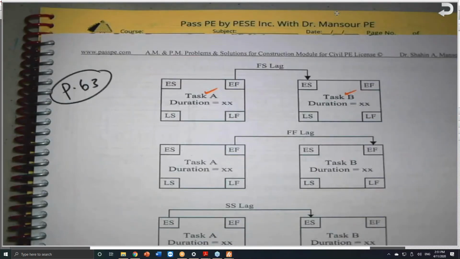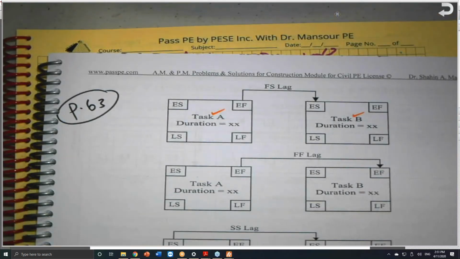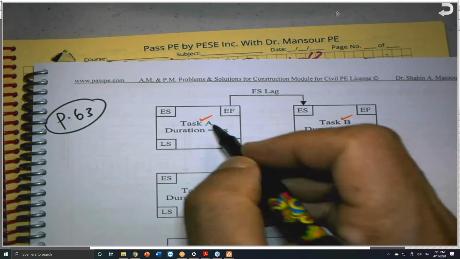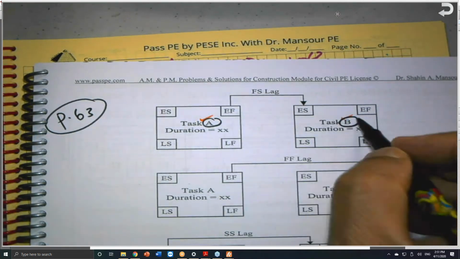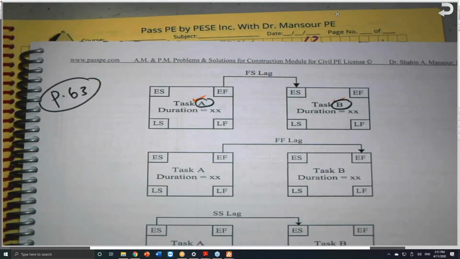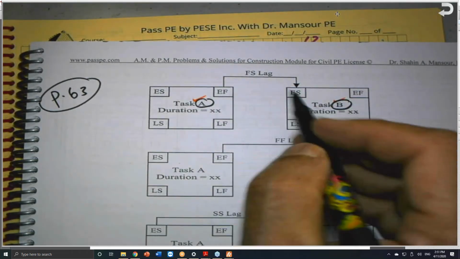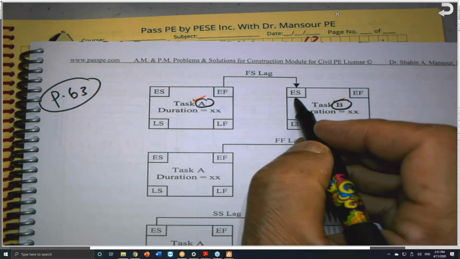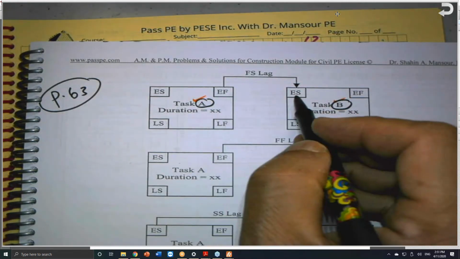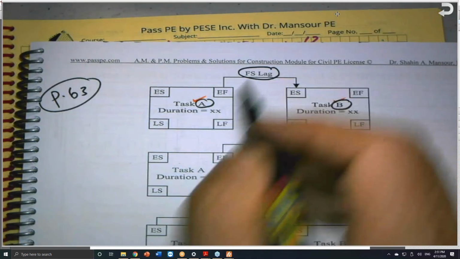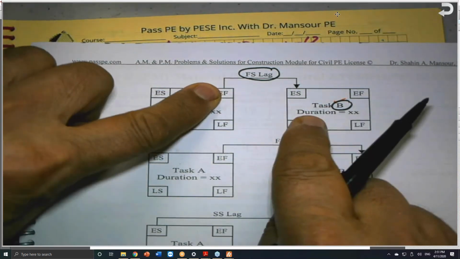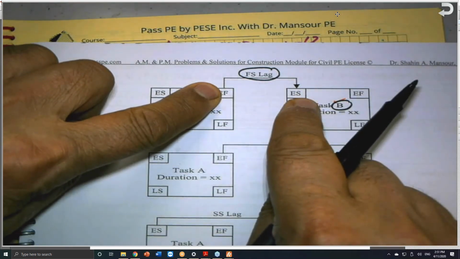So what is a lag? I'm using horizontal here, just to illustrate. This is activity A and this is activity B, or task A and task B. If we delay finish to start, we call it FS lag. This will finish, and this activity will not start immediately.